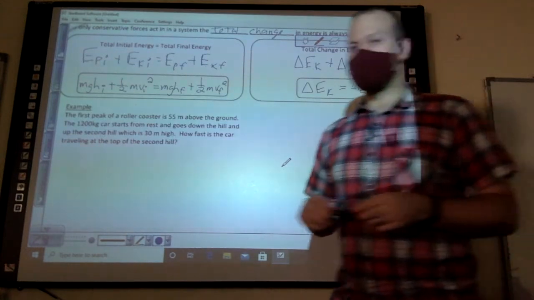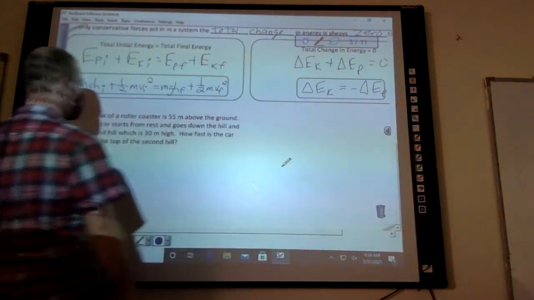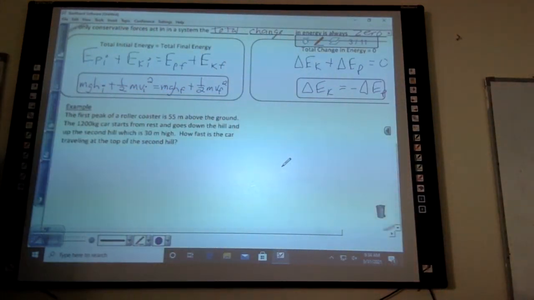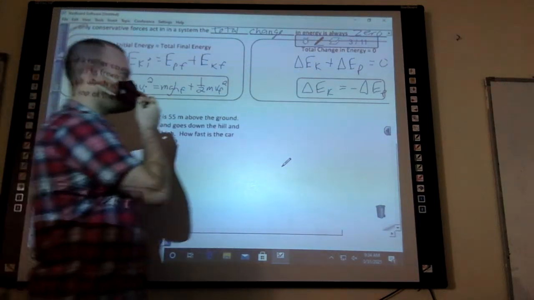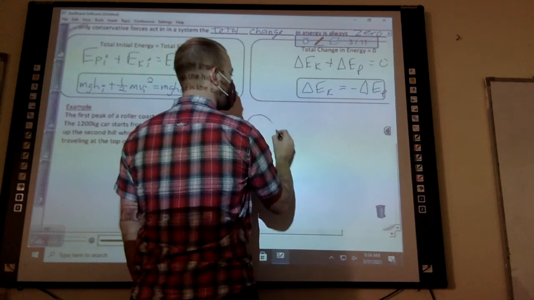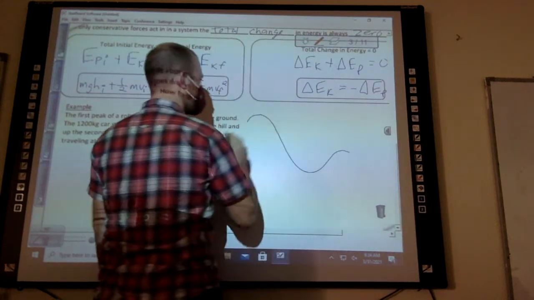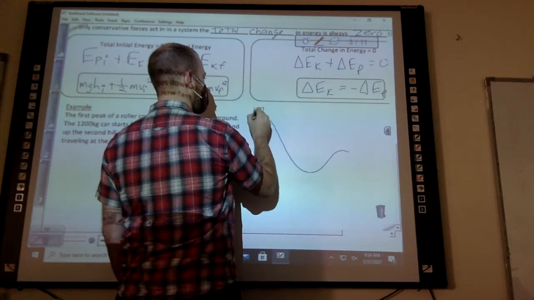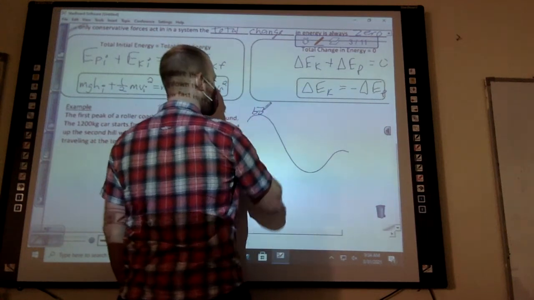So let's try an example with this. If I've got a roller coaster, it tells you the first peak is 55 meters above the ground. We've got a car that's starting from rest, and there's another hill. We want to know how fast it is moving on this other hill. Classic physics example for conservation of energy. So here's my initial point.